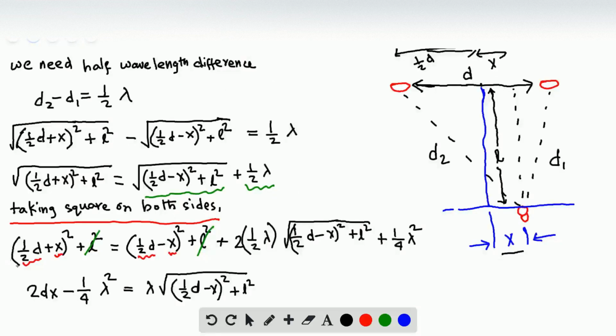So that's 4 times half of d times x, that gives us 2 dx. And then we're taking this guy on left, so that's why we have a negative sign. And then again we have a square root term, right? So as you can see, if we have a square root, we need to get rid of that because we're solving for x.